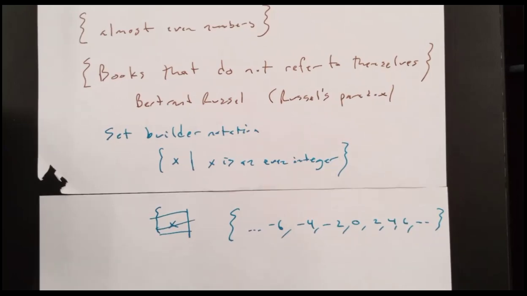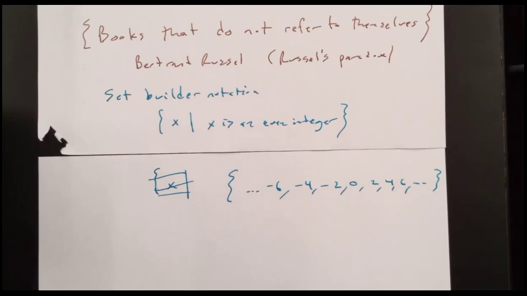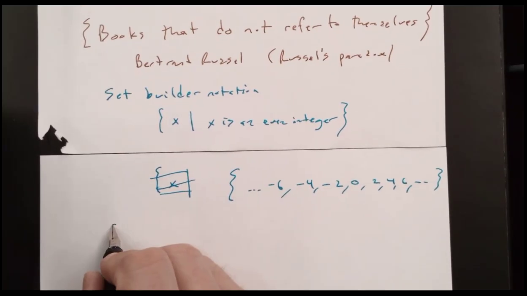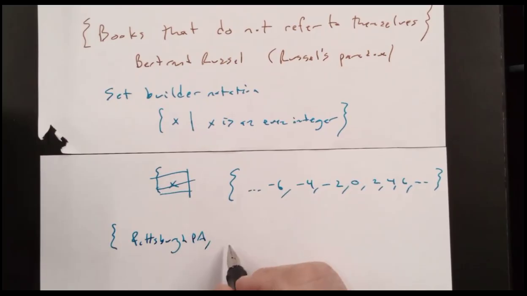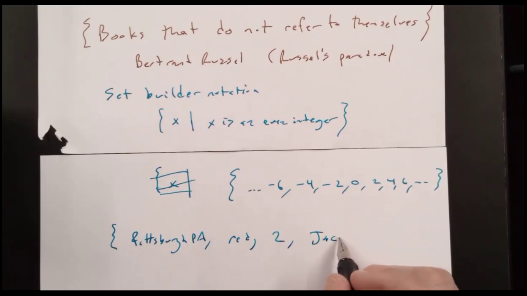The objects in a set don't have to be restricted to any particular type. So for example, this is a perfectly good set. I have no idea what this set is, but Pittsburgh, Pennsylvania, Red, 2, and Jacob, that's a set.